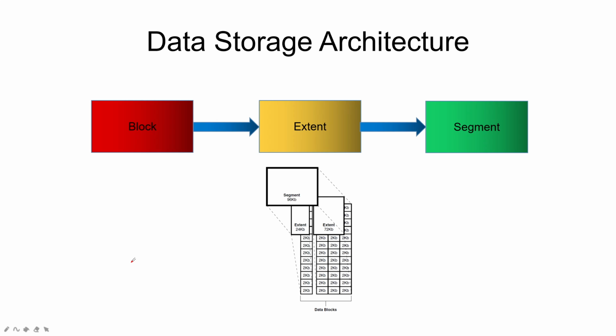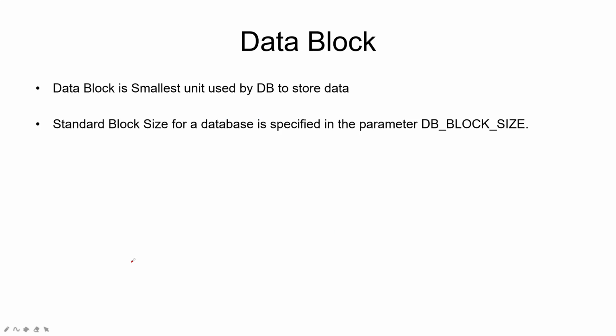Let's move on to the next slide. What is a data block? Literally, what it means is the data block is the smallest unit of the database to store data. This is what the highlighted comment shows here.